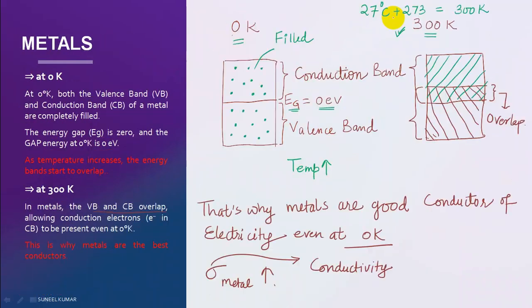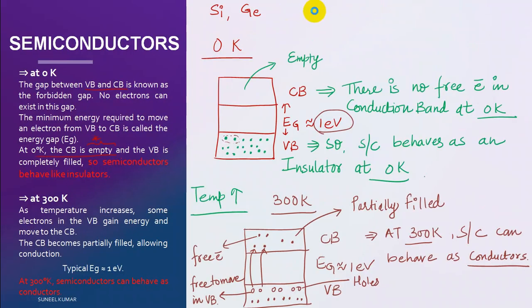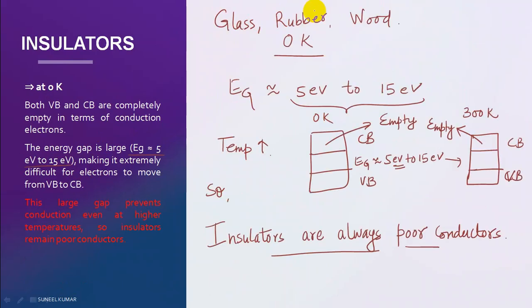Similarly, for metals, we can write copper, aluminium, and silver. These all are metals. So we have classified metals, semiconductors, and insulators in terms of the energy band diagram.